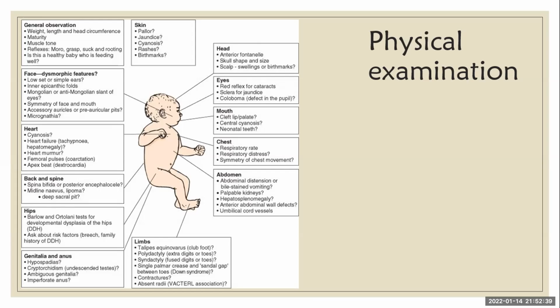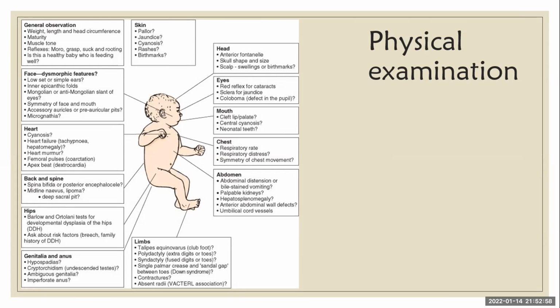And then for the eyes, we need to check for the red reflex for cataract, and sclera for jaundice. Then we need to observe the mouth for cleft palate or cleft lip, and whether there is central cyanosis.